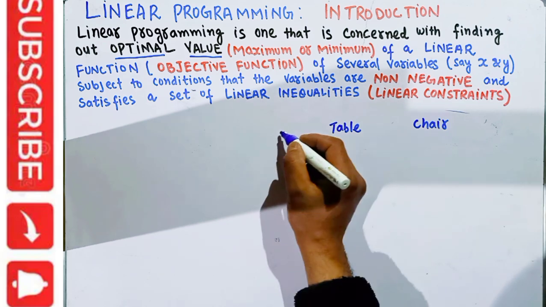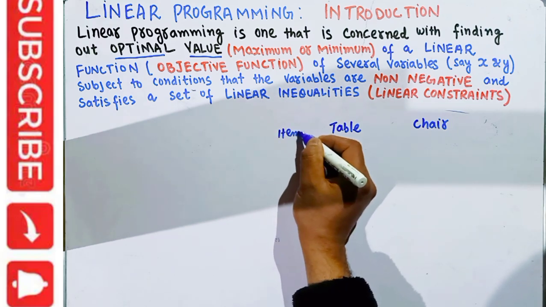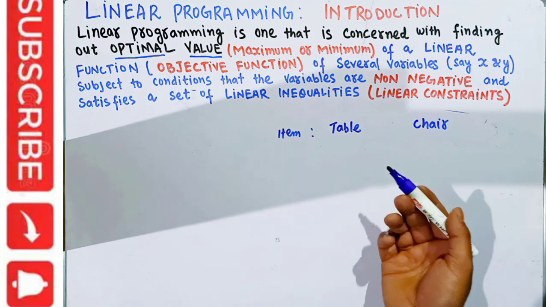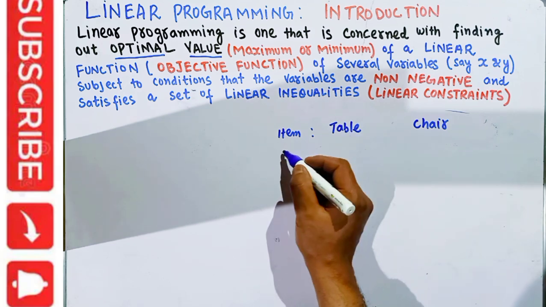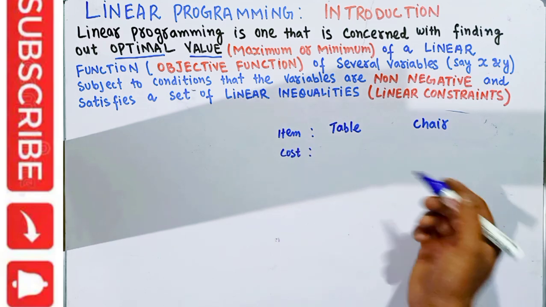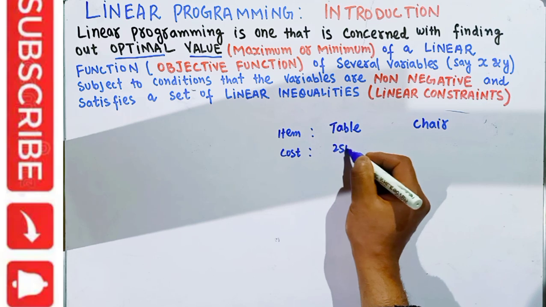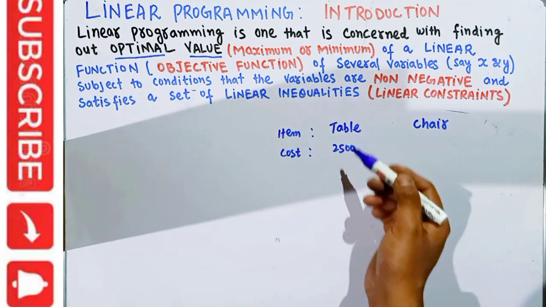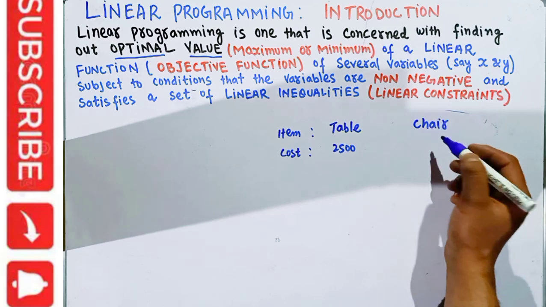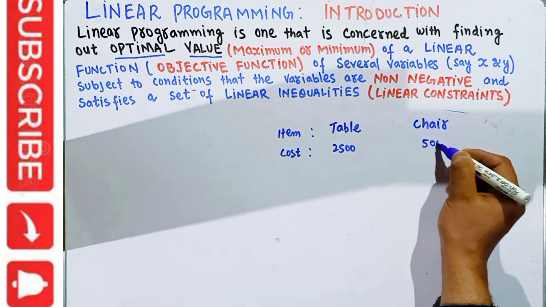Let us suppose that the cost per unit of table and chair is given as follows: each table costs him $2500 and each chair costs him $500.